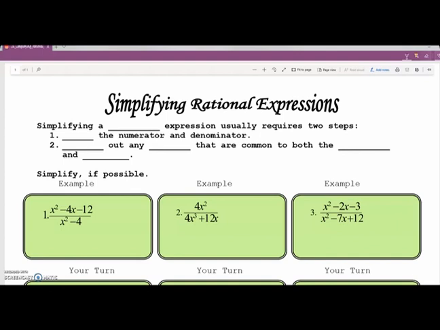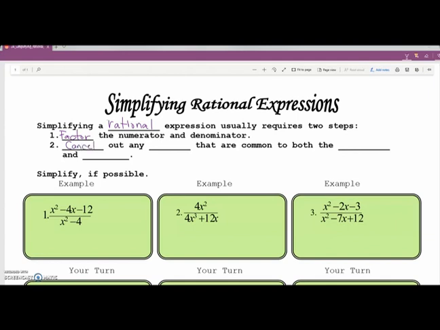Alright guys, today we're simplifying rational expressions, which means that we have to factor the numerator and the denominator. If you're not good at factoring, something you might need to work on.